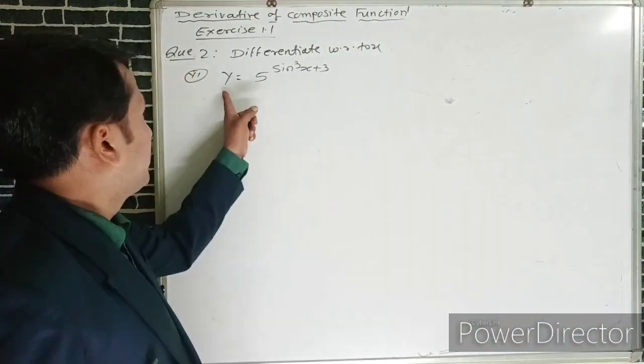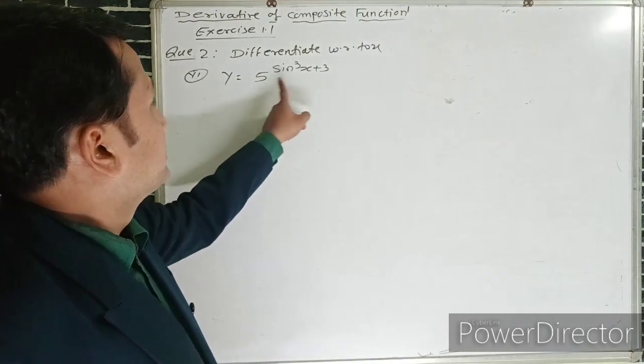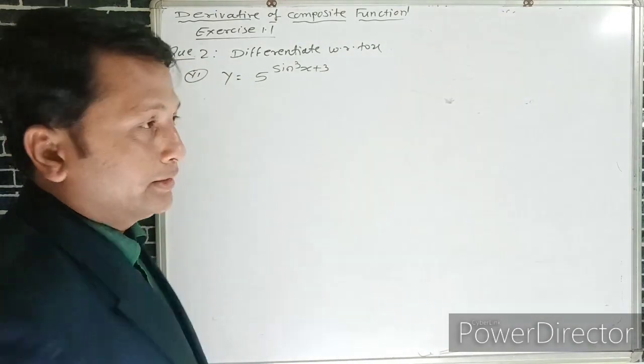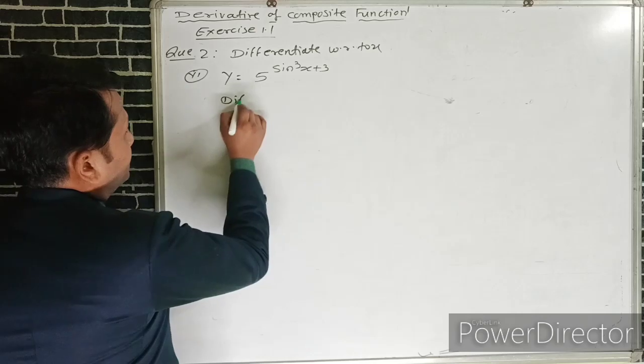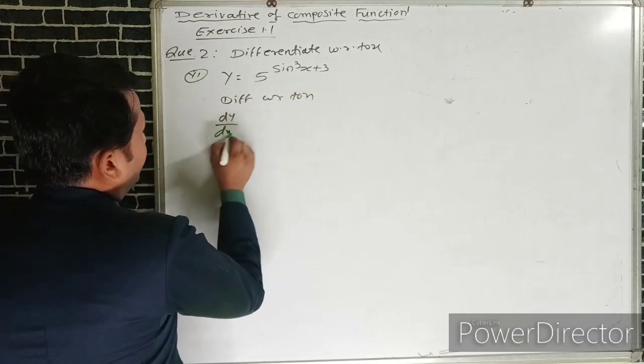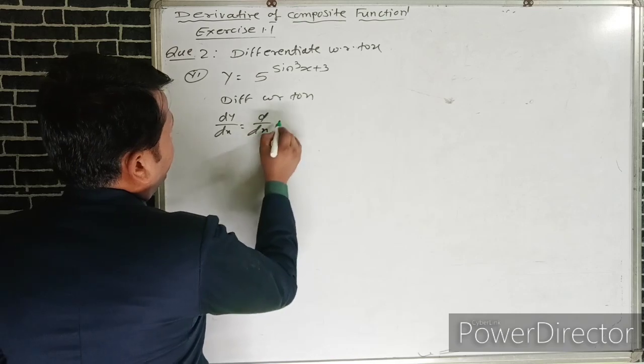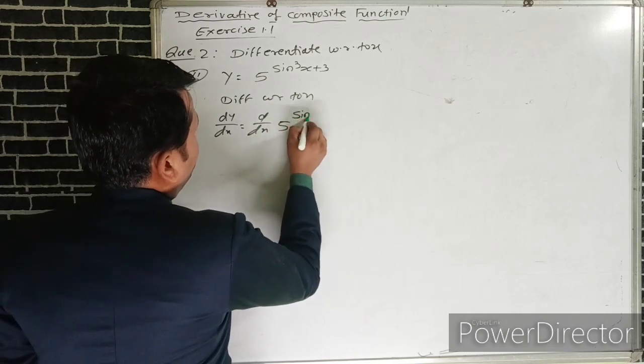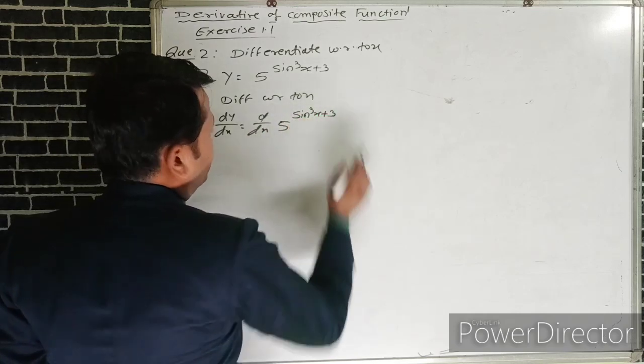Next one is 5 raised to the power sin cube x plus 3. After differentiating with respect to x, we can write dy by dx is equal to the derivative of 5 raised to the power sin cube x plus 3.